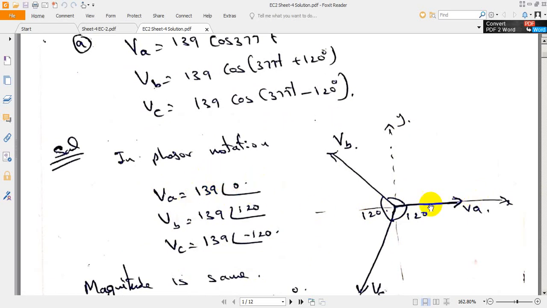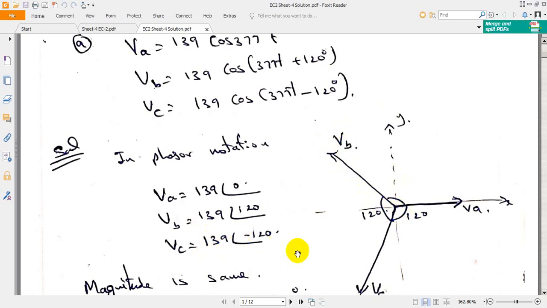As the angle is 0, I am representing VA on the x-axis, and from here VB with the same magnitude is at a phase difference of plus 120. So from the x-axis, VB should be 120 degrees, 30 degrees more than 90 degrees. This forms your VB.